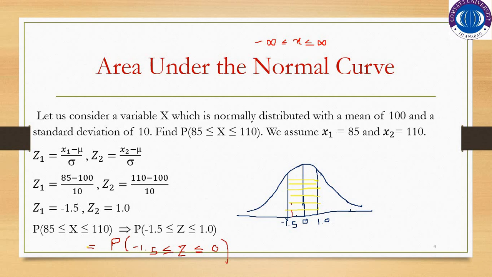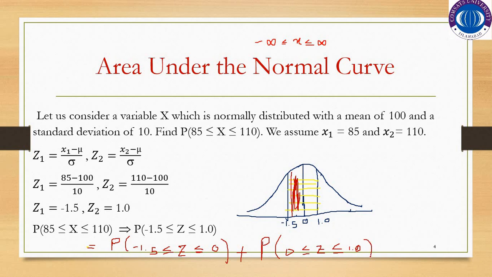So this one is this area, minus 1.5 to 0, but you need this complete whole area. So you will add the remaining area, plus probability 0 less than equal to z less than equal to 1.0.